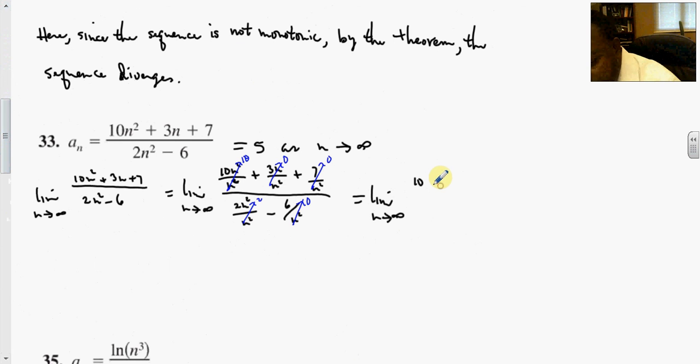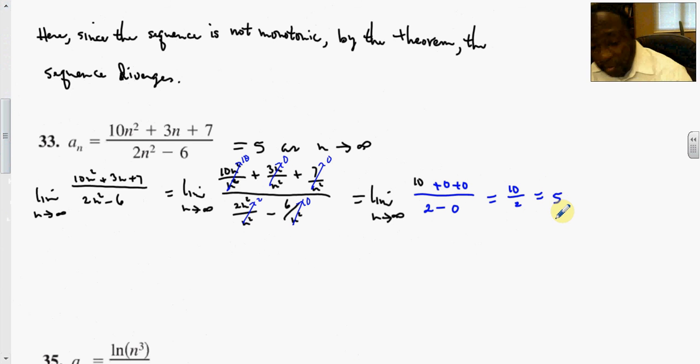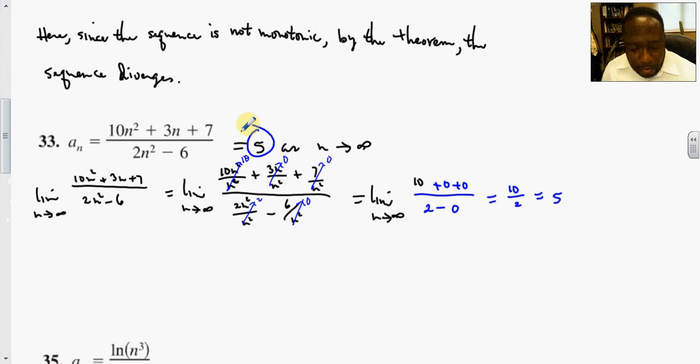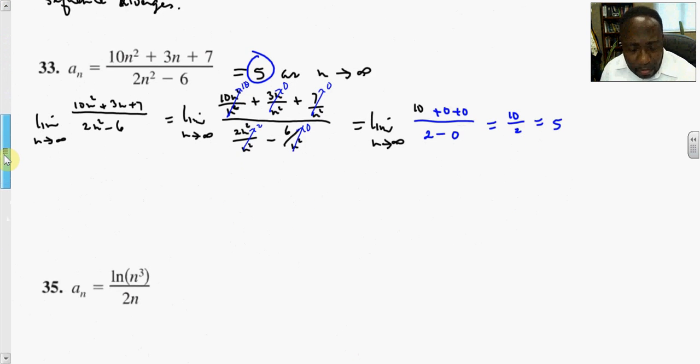So we get 10 plus 0 over 2 minus 0. So you get the limit of the ratio of constants is just the constant. You get 5. Applying L'Hopital's gives you the same thing. I think just using the horizontal asymptote instead of going through all that mess, you get the limit.